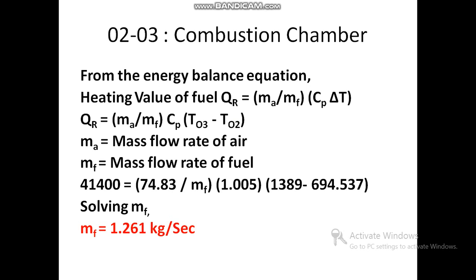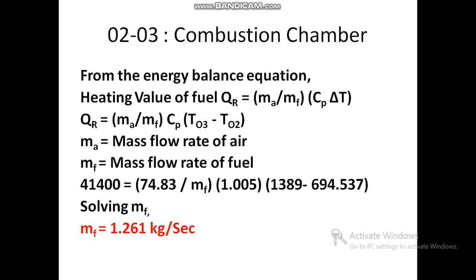Here Ma is the mass rate of air and Mf is the mass rate of fuel. By substituting the heating value of fuel as well as the Ma, Cp and the temperature values and solving for Mf, we will get the mass rate of fuel, which becomes 1.261 kg per second.